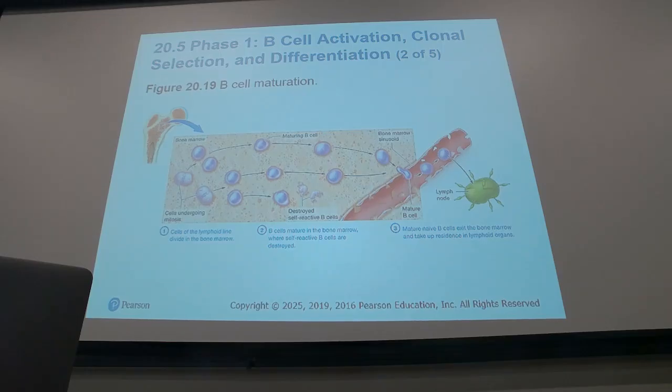Now, B cells basically form antibodies. That's the main function. B cells, remember, are formed just like T cells in the bone marrow, and then they mature in the bone marrow. So they undergo mitosis, they form mature cells, and those mature cells go and populate the germinal centers in the lymph nodes.